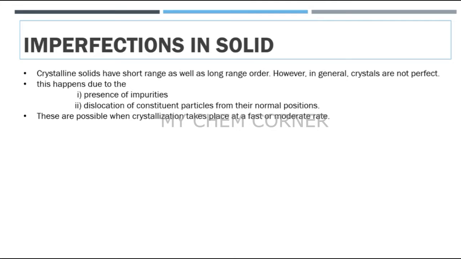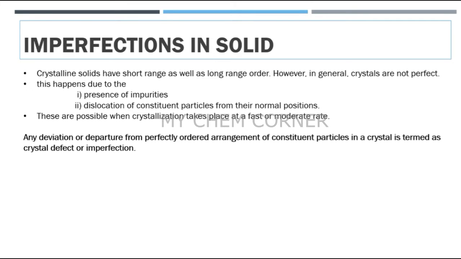So when it's done at a faster pace or at a moderate rate, you might find these imperfections in crystals. So what is the definition of an imperfection in a crystal, or a crystal defect? Any deviation or departure from a perfectly ordered arrangement of constituent particles in a crystal is called a crystal defect or an imperfection.